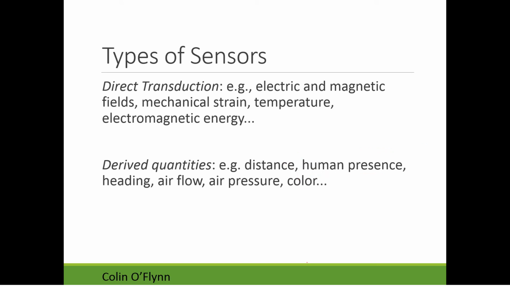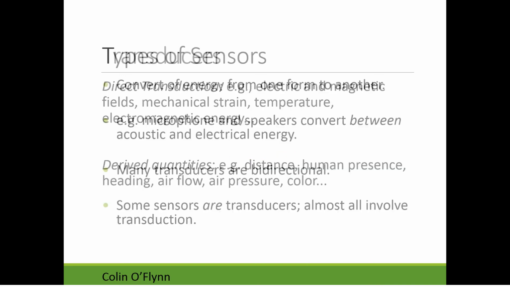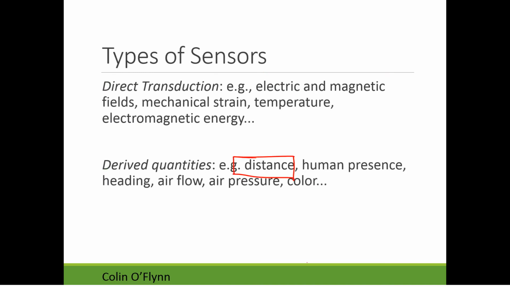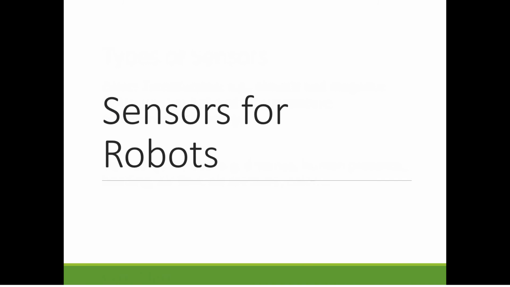Or in the case of distance, we have transducers used to emit sound, wait for an echo, and time the echo. It's not a transducer directly giving us a distance output; we have additional processing on it. So these are derived quantities: they use a transducer with additional processing to give us the item we want to sense. All right, that's the very basic terminology we have on sensors.